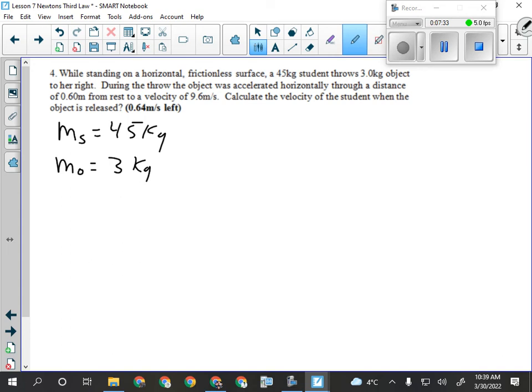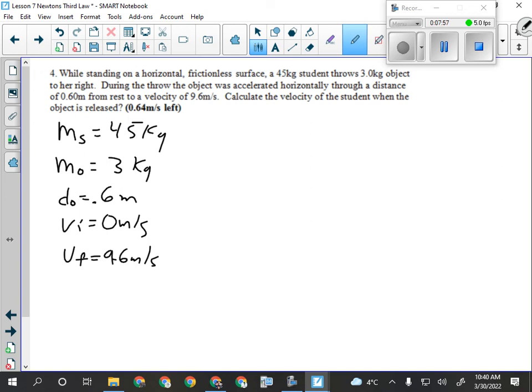During the throw, the object was accelerated horizontally through a distance of 0.6 meters, from rest to a velocity of 9.6 meters per second. Calculate the velocity of the student when the object was released.